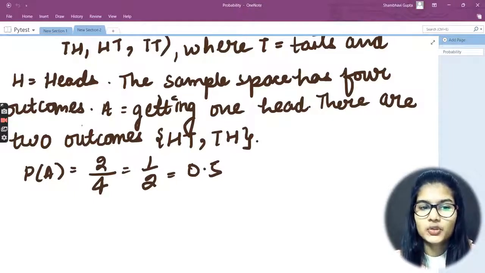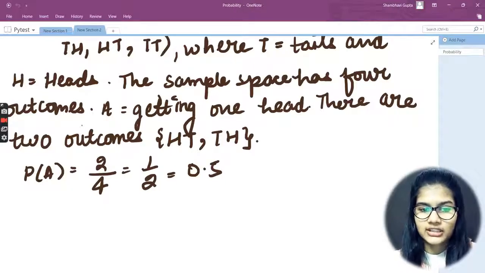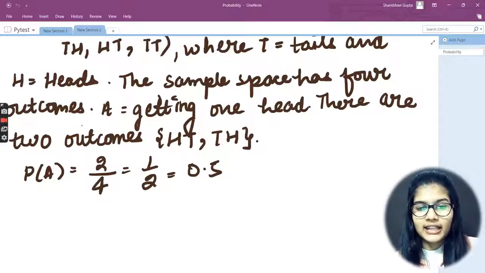In that case there are two outcomes, head tail and tail head, because these are the only two outcomes in which one head is occurring. I just wrote both of those, and then the probability of A is 2 by 4, which on cancelling is equal to 1 by 2. Further, I have 0.5, and the probability of A is 0.5, so that means it is equally likely to happen. So this is what we just discussed as well.